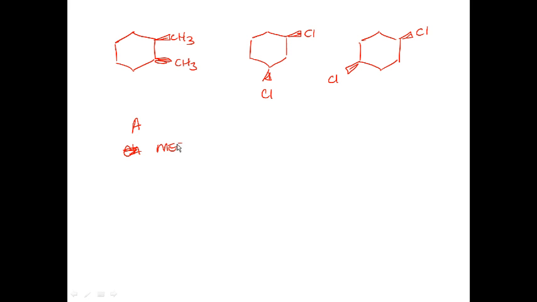If you said that A is a meso compound, you are correct. It does have two chiral centers, and it does have a mirror plane that cuts the molecule in half. How about B? Is B meso? If you said yes, it also has two chiral centers and a mirror plane that cuts the molecule in half.